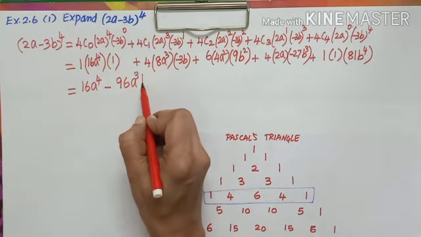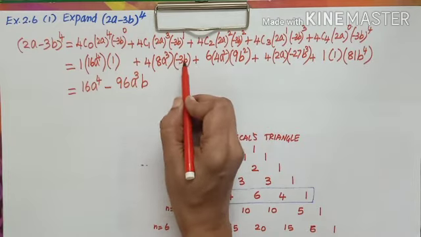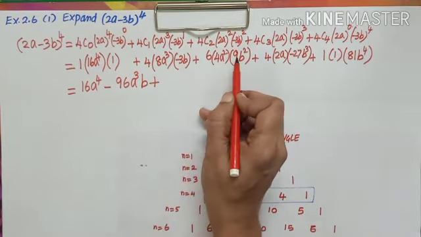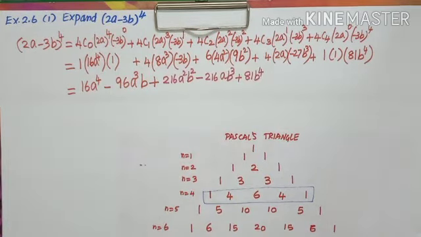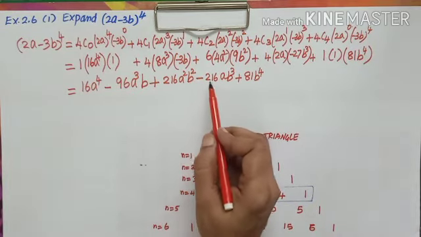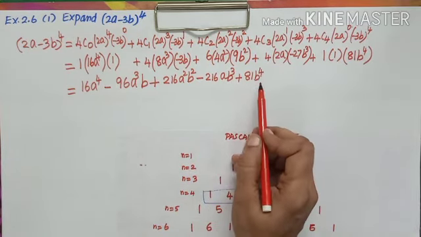You can also use calculator. 4 into 8 into 3, a cube into b. The next term plus 6 into 9 into 4. Multiply and write the answer. So we get plus 216a square b square minus 216ab cube plus 81b power 4.